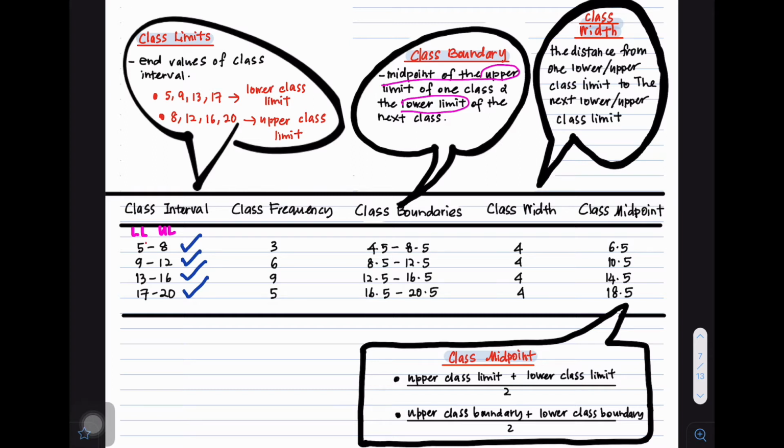So, this one is your lower limit for the first class. So 0.5 sebelum 5. Maksudnya you tolaklah 5 tolak 0.5, you will get 4.5. And 0.5 selepas upper limit.